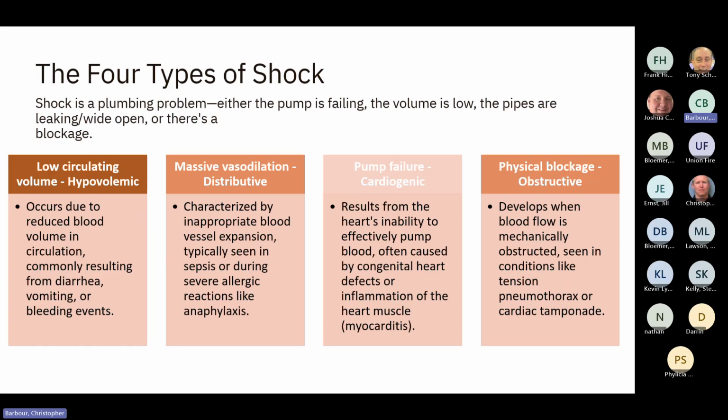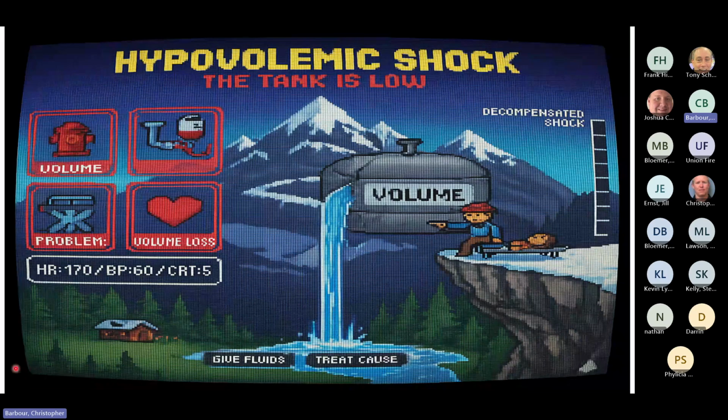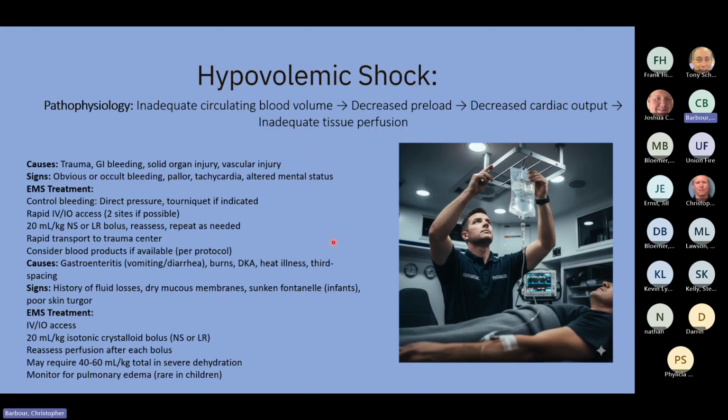So let's start off with hypovolemia again. We have a volume problem. Do we need to give fluids? Do we need to treat a cause? So here are some common causes for hypovolemia.